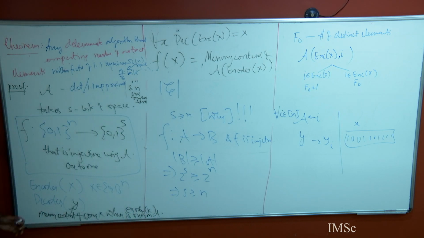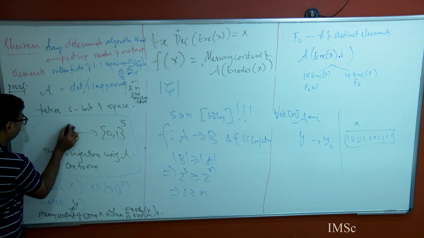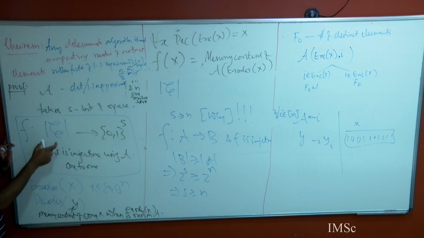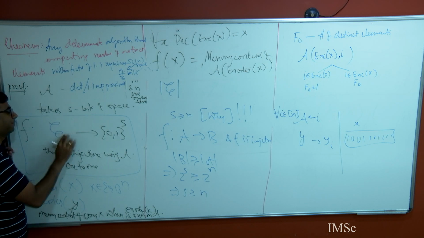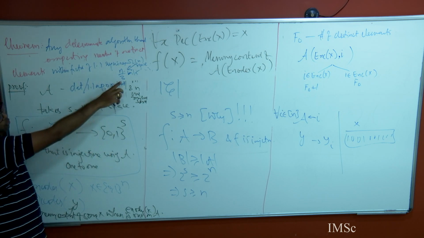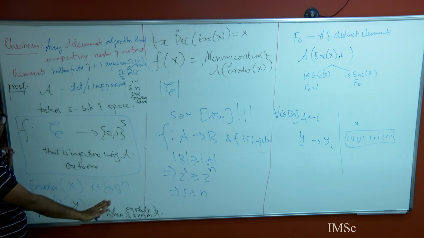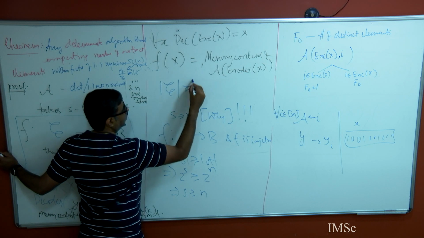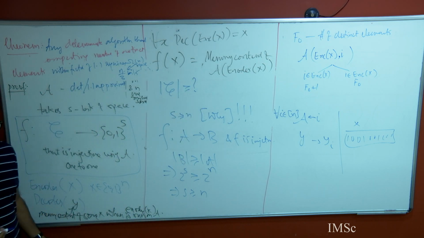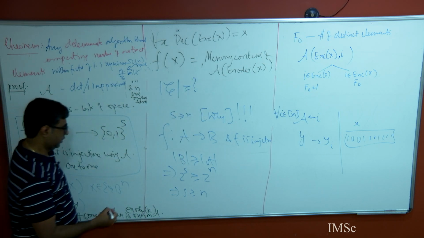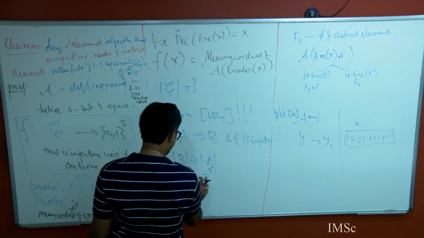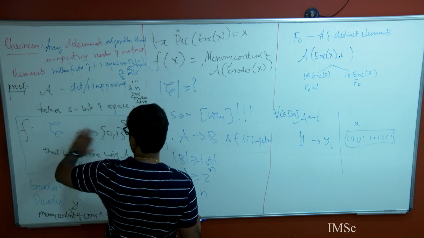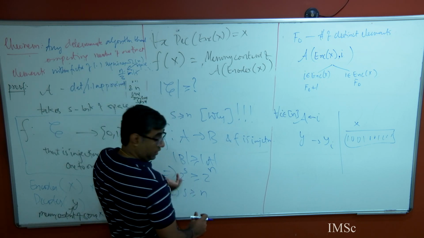Okay, now here I'm going to give a mapping from some family C to this, such that I get a lower bound of n by 3, and this is an injective function. So now I'm asking you, what is the cardinality of C? If I apply the same argument, then 2 to the power s should be greater than or equal to 2 to the power n by 3, since s is at least n by 3.